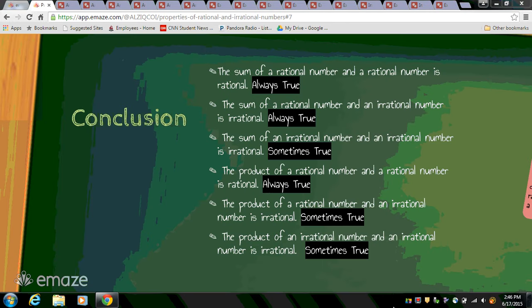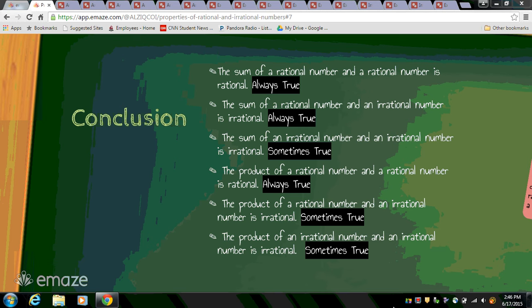So in our review or conclusion, if we add a rational number to a rational number, it will always be rational. If we add a rational number and an irrational number, it will always be irrational. If we add an irrational number and another irrational number together, it will sometimes be irrational.